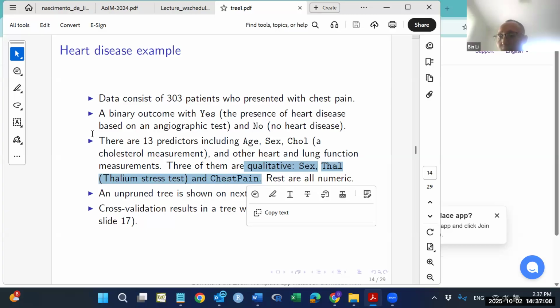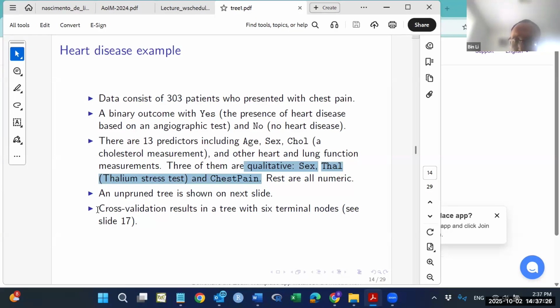It can easily do the splittings. So you don't need to make transformations or dummy variables for the categorical variables. The tree can easily handle these mixed types of variables in the data set.